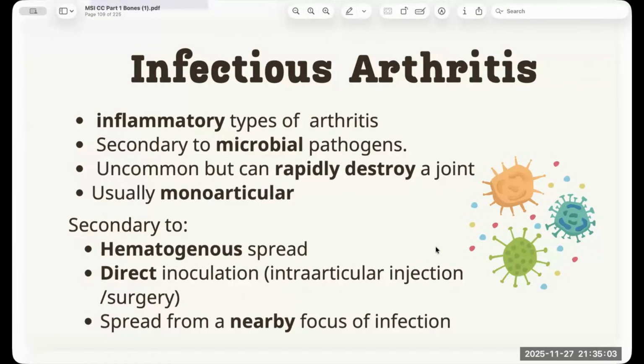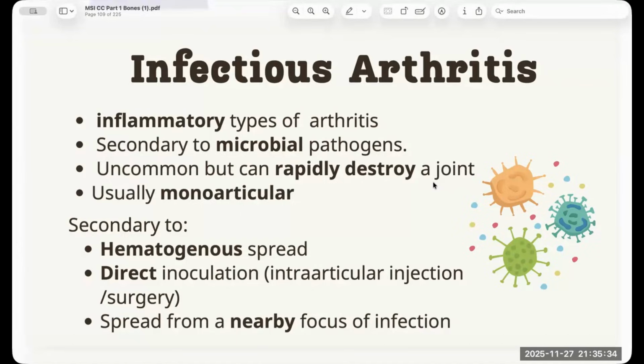Because if it's autoimmune, the antibodies won't pick and choose. It's going to attack all the joints, so autoimmune is going to be symmetric, oligoarticular or so on. But if it's an infection, the infection could spread to only one place. That makes sense.